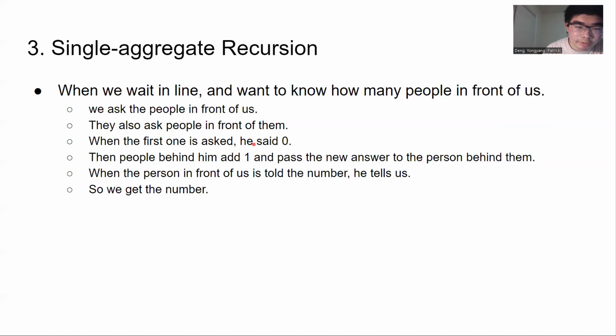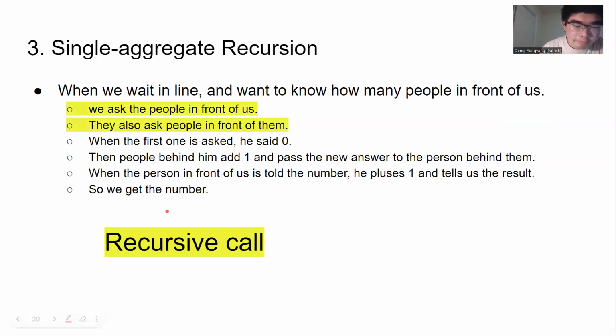So this is the recursive call. Recursive call is like I try to make the problem smaller, so we can figure out that a smaller problem can return a result, and we think about how the result can become our final result.